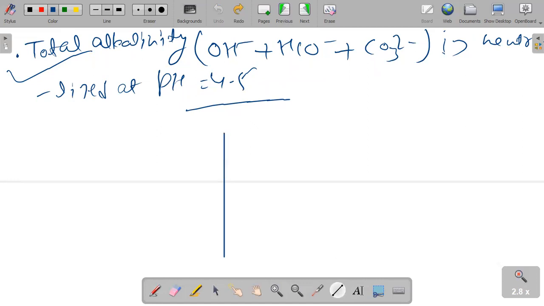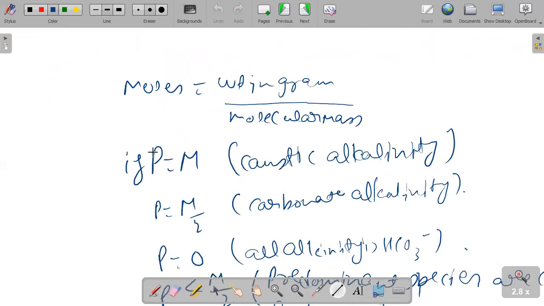If we draw that graph, you can solve numericals by using this graph, or you can also solve by using your formulas. And this graph is basically related to this table.